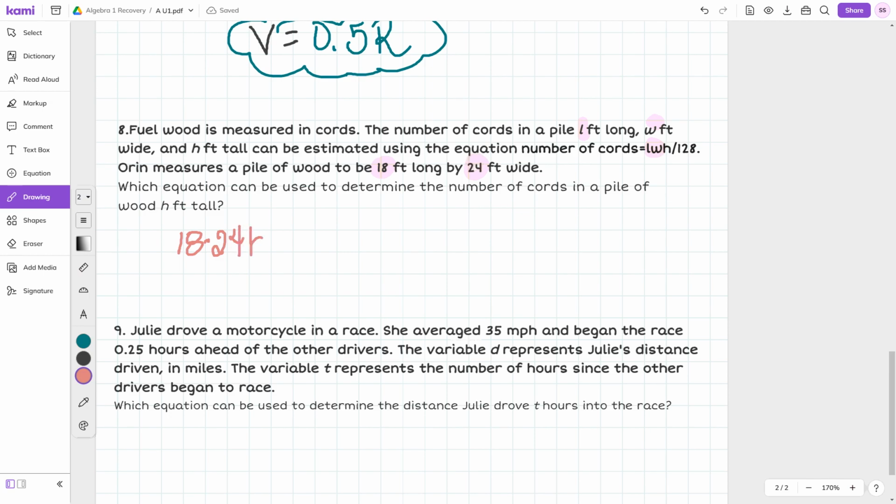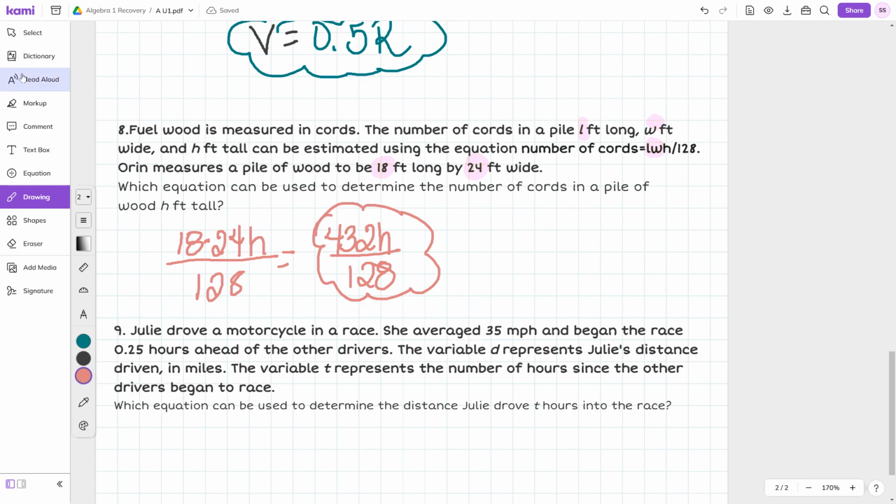I do not have a solution for H, all over 128. Go ahead and simplify the numerator by multiplying those like terms, so 432H over 128. Off to the next one. Number 9.